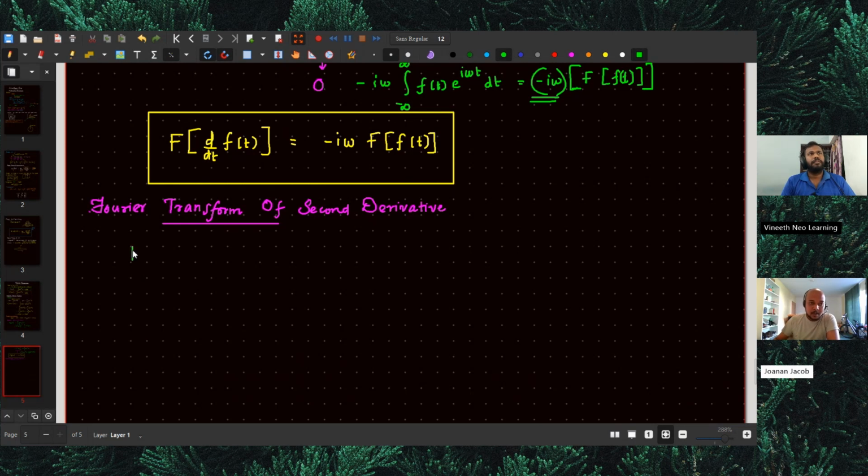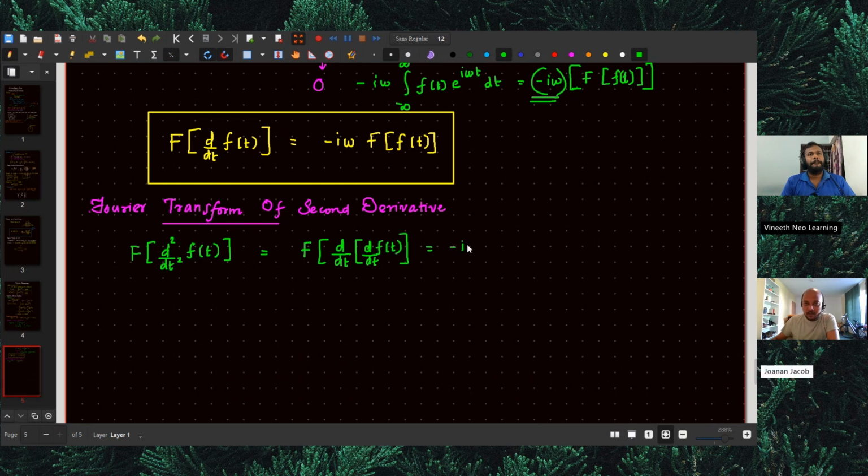The Fourier transform of d square by dt square of f of t is simply the Fourier transform of d by dt of d by dt of f of t.